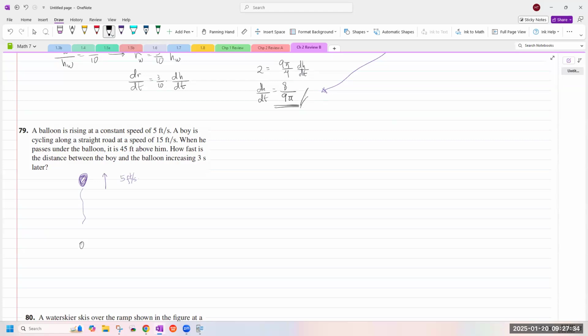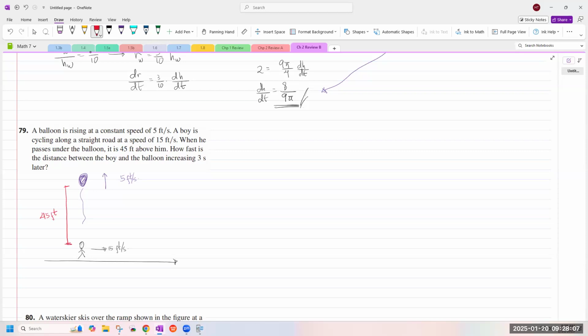So let's say we have a boy going in that direction. When he passes under the balloon, right when it is below the balloon, the distance is 45 feet. How fast is the distance between the boy and the balloon increasing 3 seconds later?